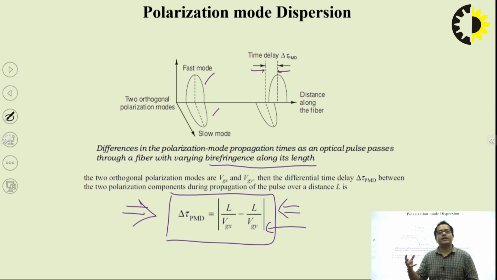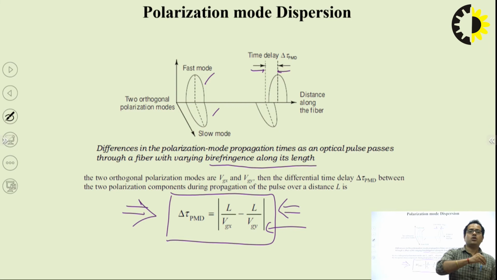In radiation, which occurs because of phenomena like scattering and bending, once any optical signal is deviated from the main path, it's not totally lost. You can get that power back.